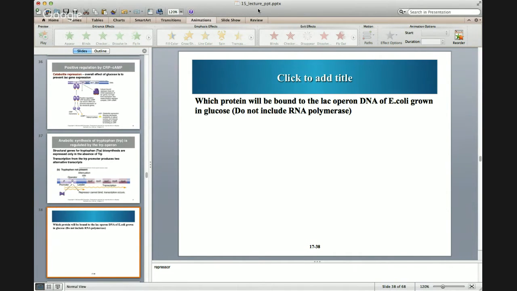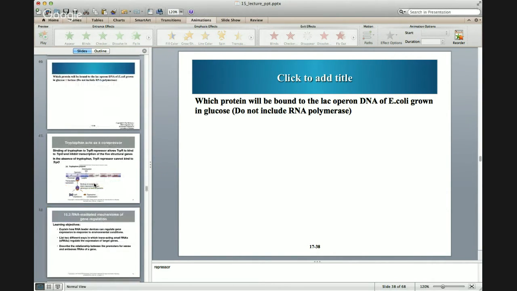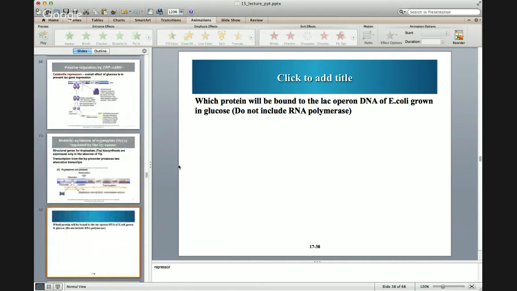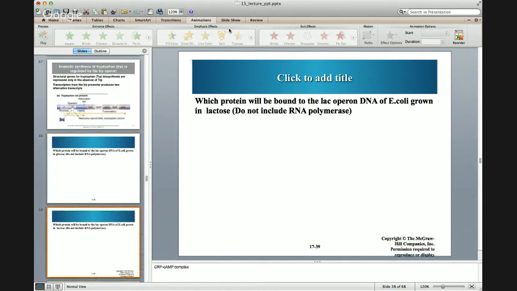Okay, second question. Which protein will be bound to the lac operon of E. coli grown in lactose? So when cells are grown in lactose, which protein is bound? Again, do not include RNA polymerase as an answer.